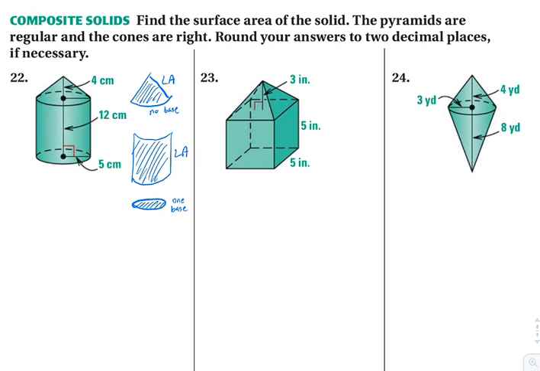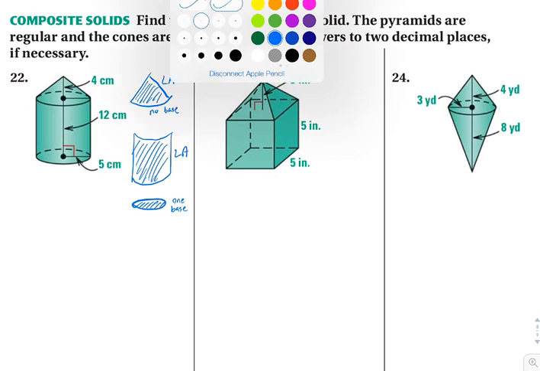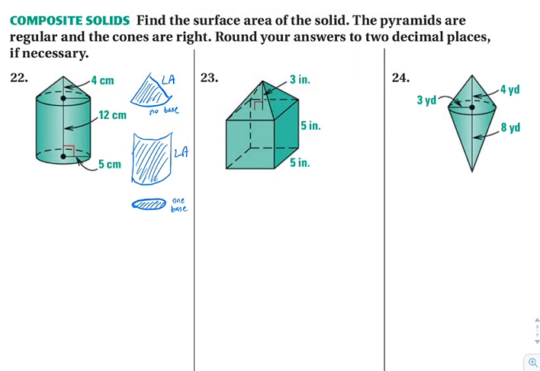I have the bottom. So those are the 3 things I want to add together. There's no top. The main things that are missing here is you're missing the bottom of the cone and you're missing the top of the cylinder, because when you attach the cone to the cylinder, those 2 get covered. So we're not including those. So you could just say surface area of cylinder plus surface area of cone minus 2 circles.